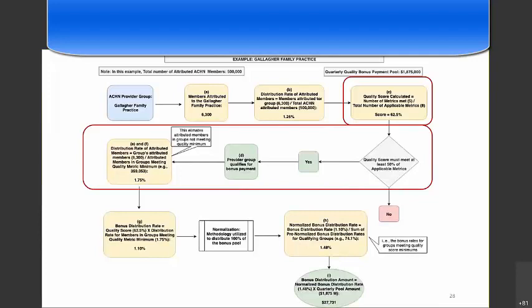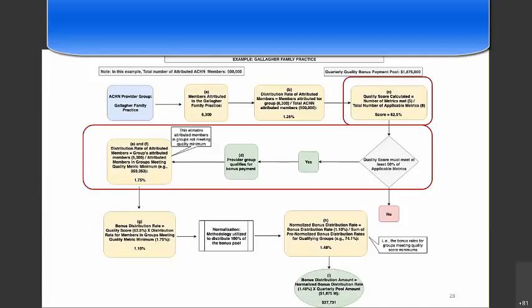Now I'm going to go back to the flow chart, the second step in our process. This step will go into a little more detail on the quality scoring methodology as it pertains to bonus calculations. Starting at the top right part of this flow chart in step C, we'll begin with the quality score calculation. You saw an example earlier of a practice that had a quality score of 60%.